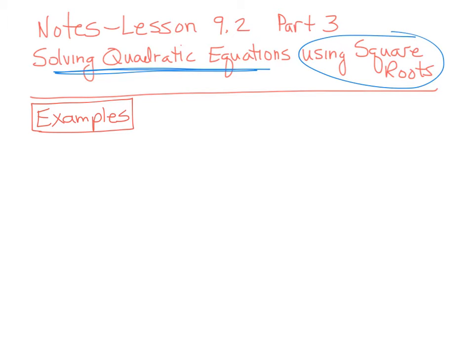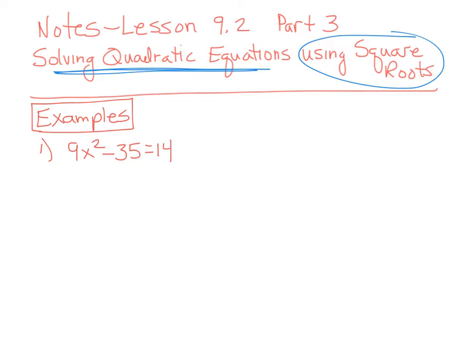Alright, number 1. If you had 9x squared minus 35 equals 14. Now, it used to be that you would use the factoring method. So you would put everything on one side and you'd set it equal to 0.